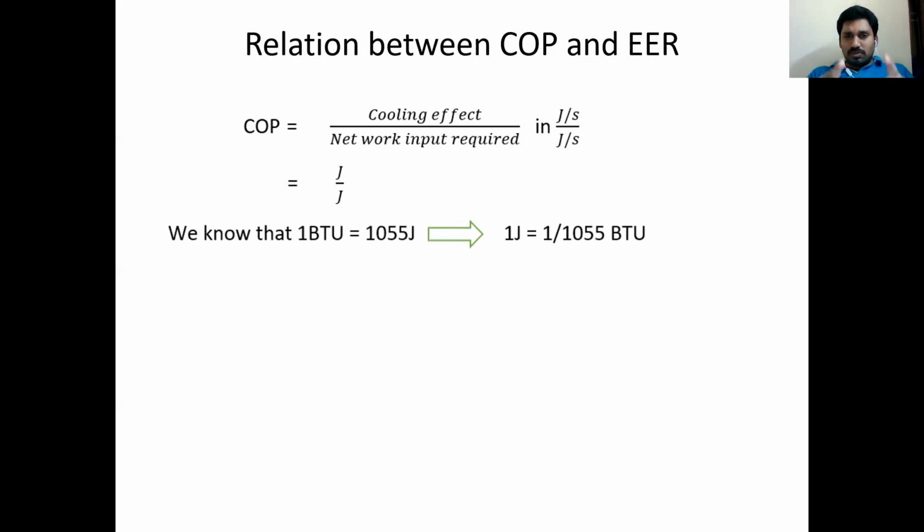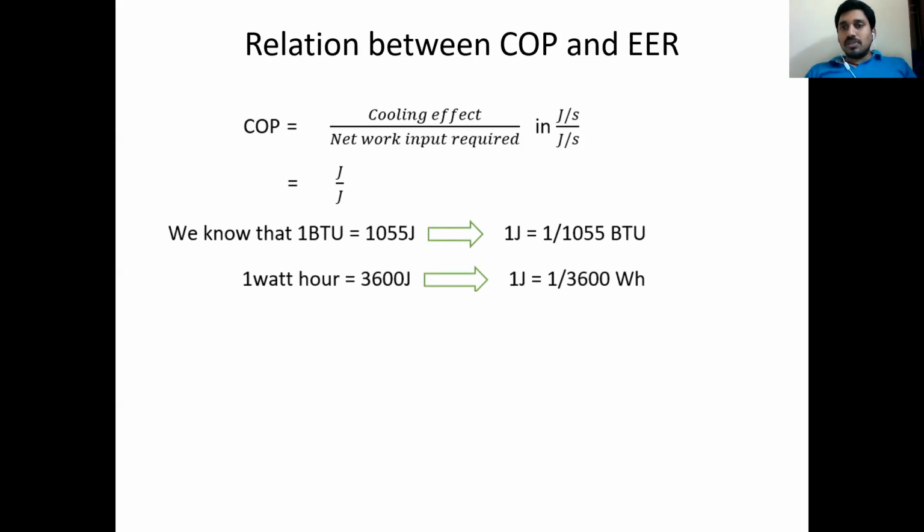So the joule value is going to be converted into BTU. Similarly, 1 watt hour can be written as 3600 joules, from which 1 joule can be written as 1 by 3600 watt hour. So the joule value I am going to convert into BTU and watt hour from these quantities mentioned on this slide.